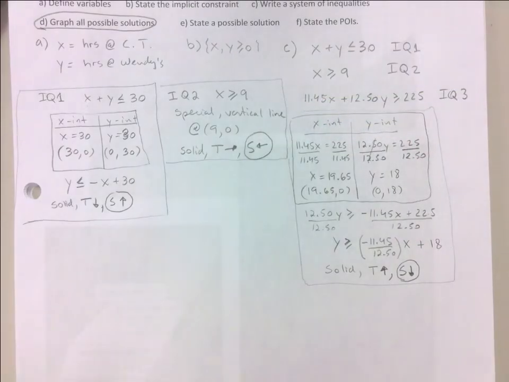I will give you a lot of space on a test to do these kinds of things, okay? Make sure you have that written down. And now we're going to proceed to the graphing portion. Have a ruler.